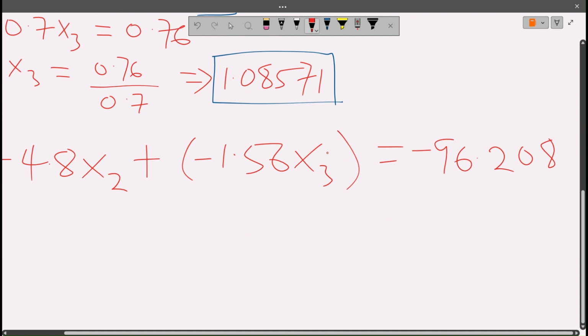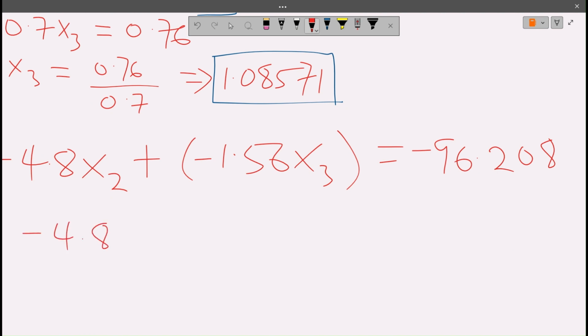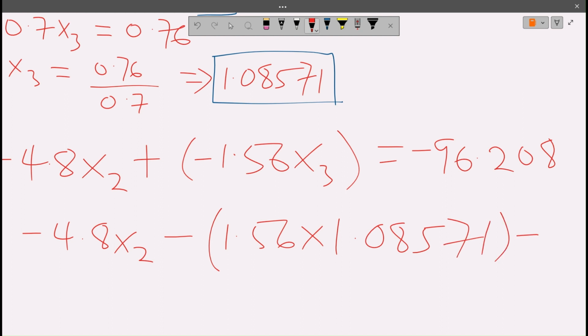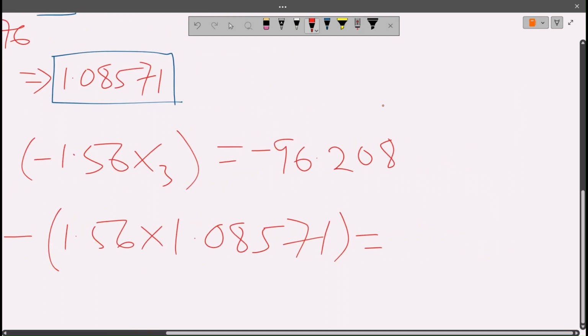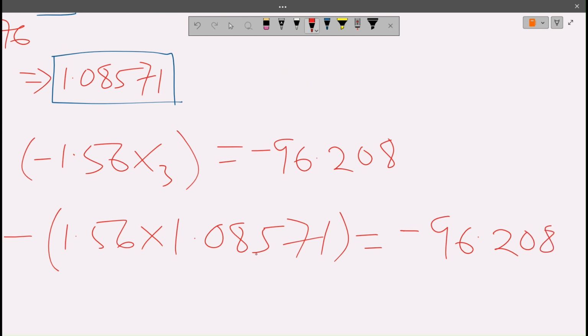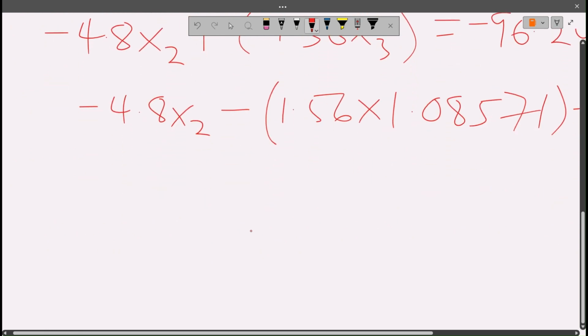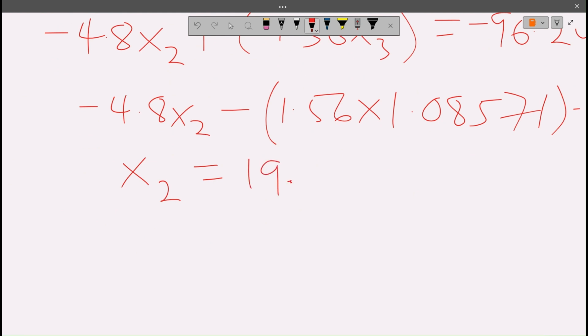Since S3 is known, we are going to have negative 4.8 S2 minus 1.56 times 1.08571 equal to negative 96.208. Now our S2 is equal to 19.6905.